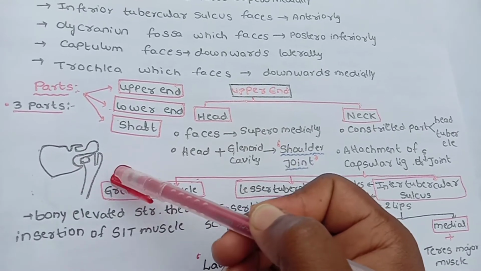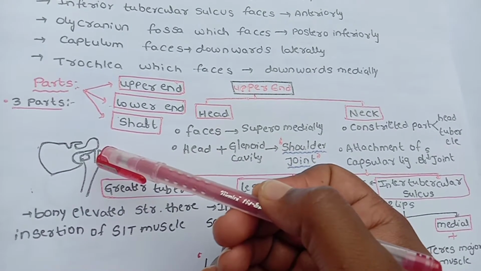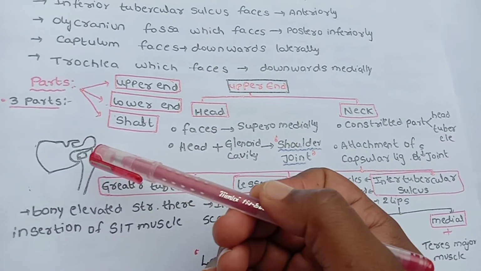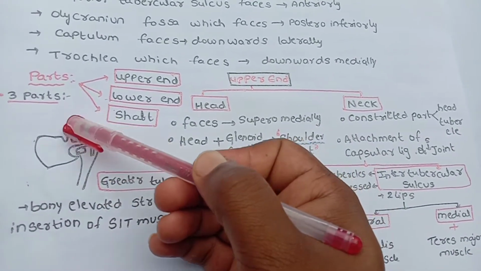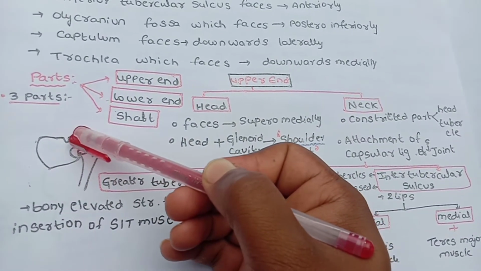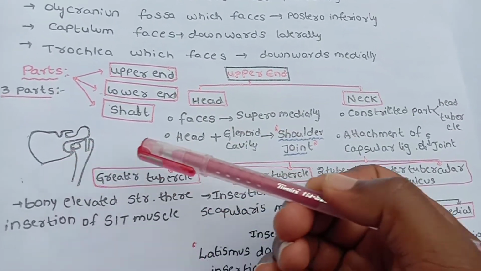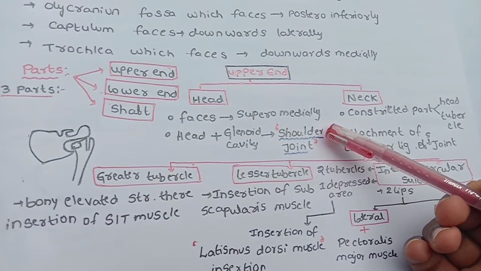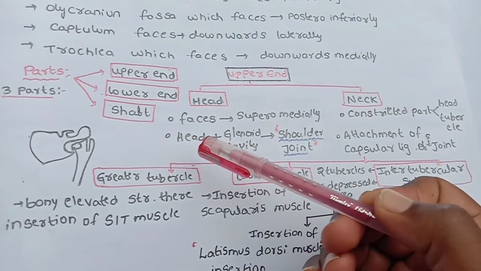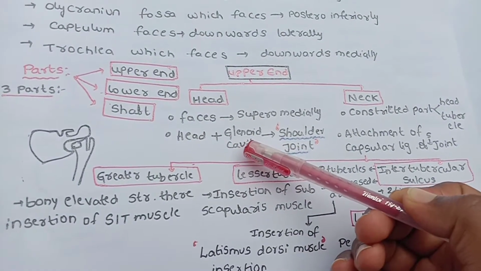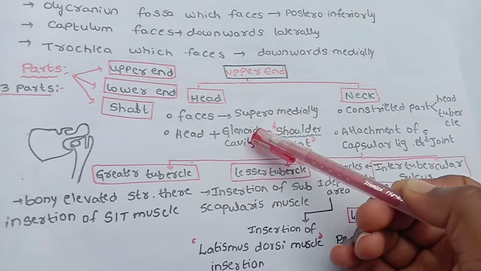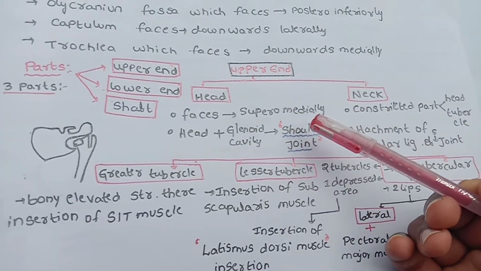It articulates with the glenoid cavity of the scapula to form a joint, and that joint is called the shoulder joint.